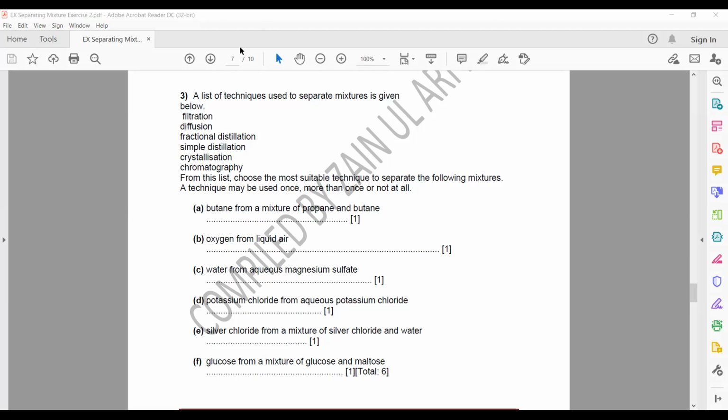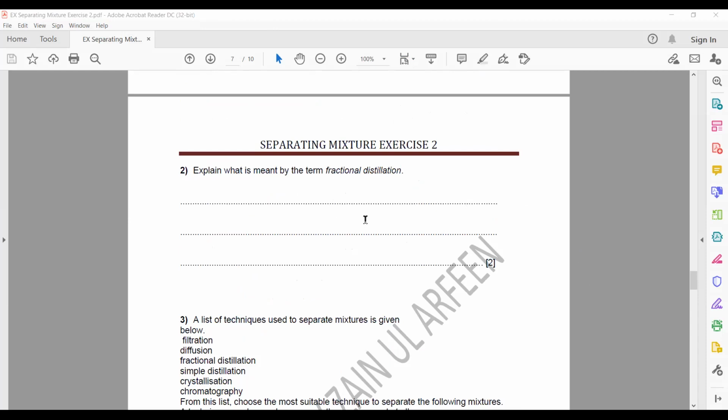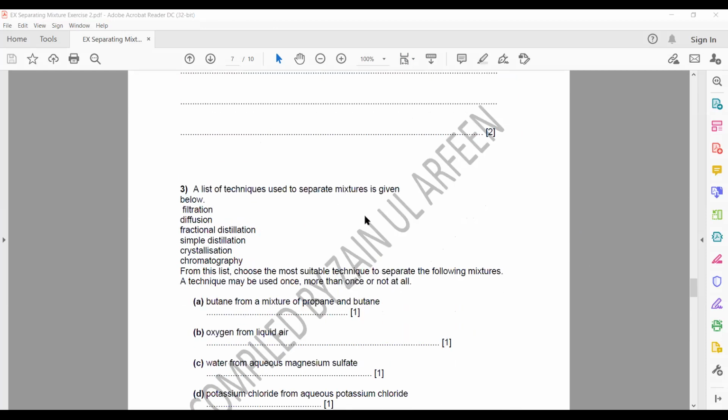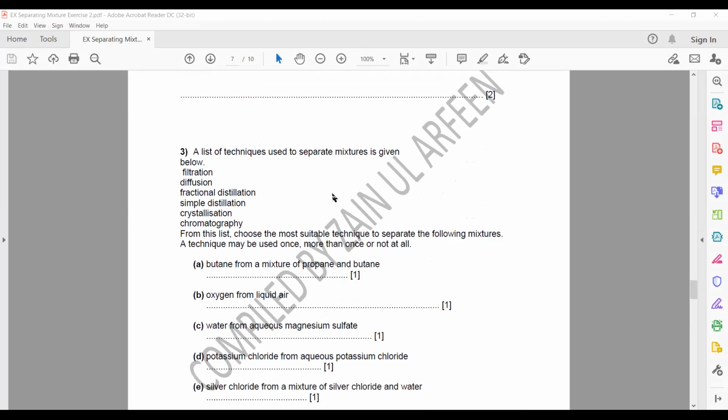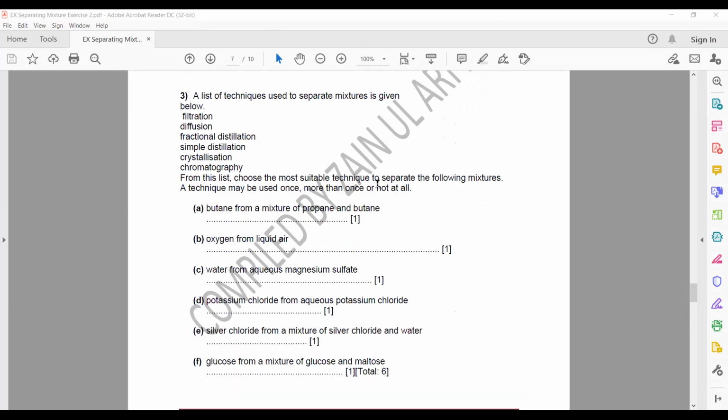Why is it 2 marks, Abdullah? The first mark is for mentioning separating two or more miscible liquids, and the second mark is for mentioning on the basis of the boiling point. So you can use any of the techniques, once, more than once, or not at all. So it is not necessary that all the options given should be used.